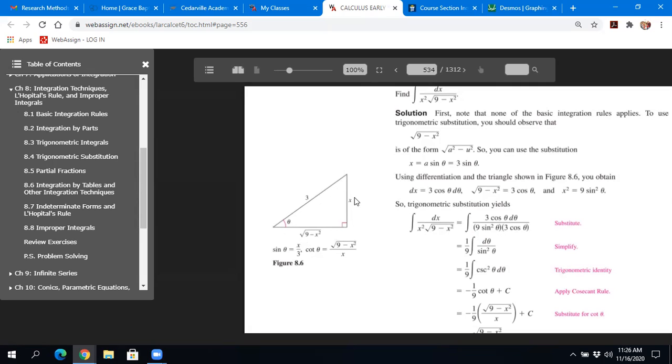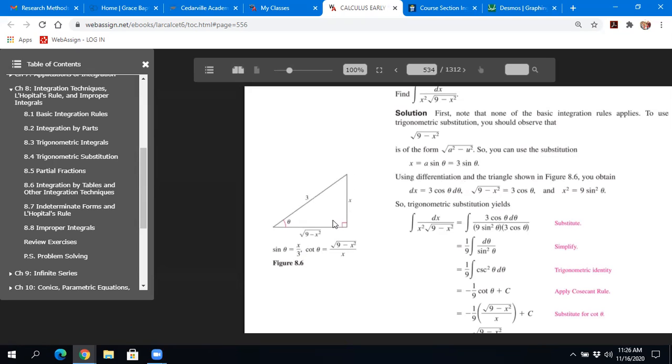Okay, and then how in the world did they figure out what cotangent of theta was? Well, they use this little reference triangle right here. They say, well, look, for crying out loud, sine theta is x over 3. So they make a little right triangle with theta right here. And they say sine theta is opposite over hypotenuse, yes? So sine of theta is x over 3.